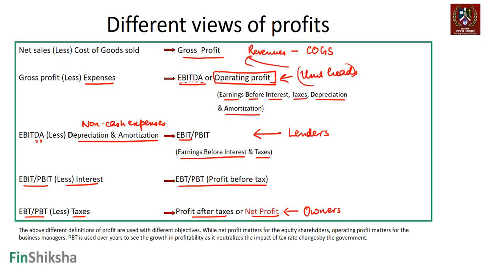And if you're comparing multiple companies, but you want to remove the difference in tax regime in India and Europe and US, then you use profit before tax as one of the key metrics, correct? So depending on who is looking at the data, multiple views of profits become important. Obviously, you can derive the entire structure when you're creating the P&L statement. All of this will get created for the company, right?